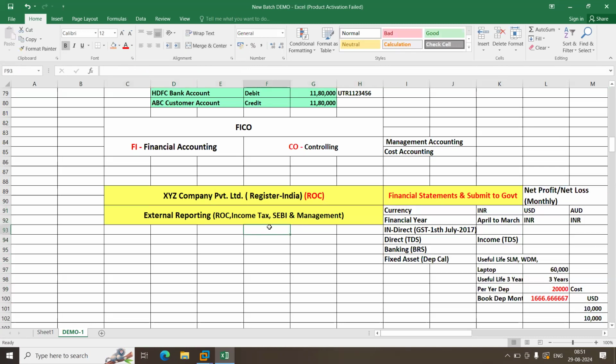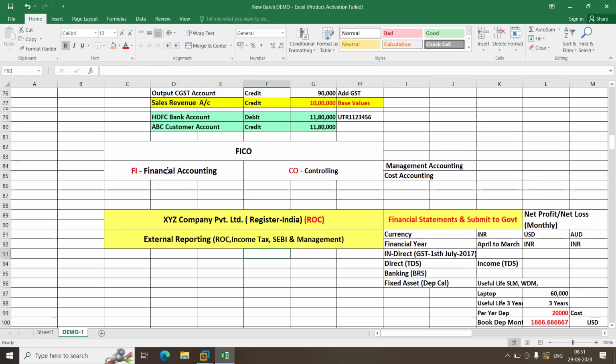In this process, your financial accounting module is going to help. This is an additional module purely for management purposes. We'll discuss that also, what is important.